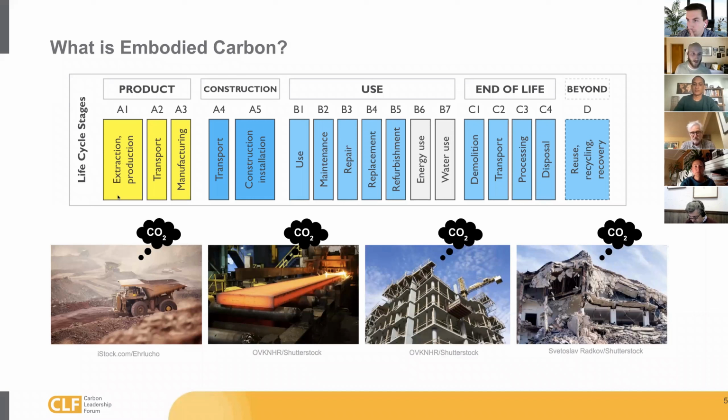So that's every time something's pulled out of the ground, every time something is made into a product, the transportation to the site, the construction of it, the use of the building, the maintenance of the building, the repair. Those are two pieces I think that are forgotten often, especially with reuse jobs. And then at the back end, the demolition, the transport, the disposal, and hopefully the reuse, recycling, and recovery of that. And so our job is to start calculating what carbon is being used and where it's being released.